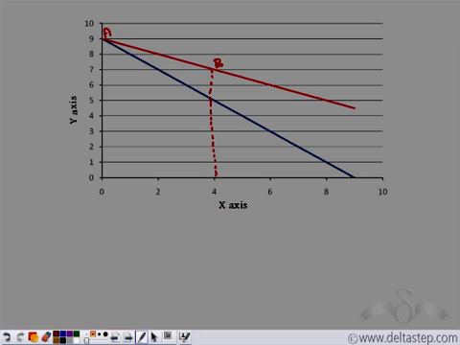In moving from A to B, the y coordinate is decreasing, so it is a fall. So we say that there is a rise of -2. So slope is rise by run. And what is the run in moving from A to B? The change in x coordinate is from 0 to 4. So the run is 4. The slope of this line is -half.